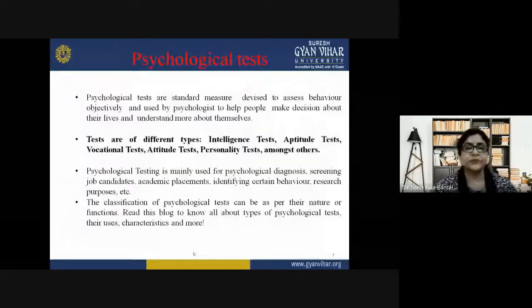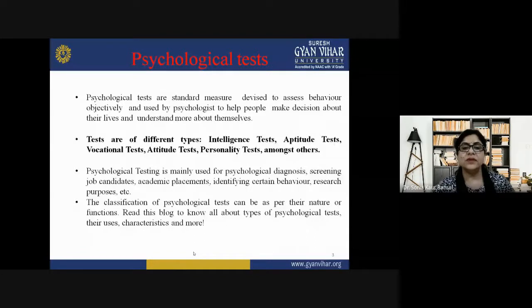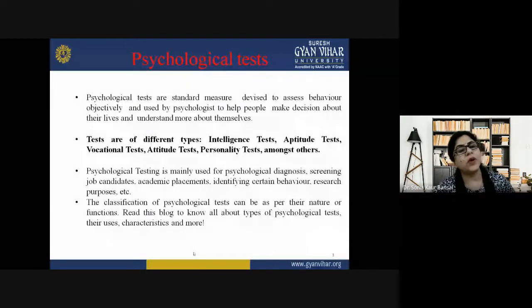Now more about it. Psychological tests are standard measures, devised to assess behavior objectively, and used by psychologists to help people make decisions about their lives and learn more about themselves. When we want to understand our sample, our population, definitely we have to apply some psychological testing.